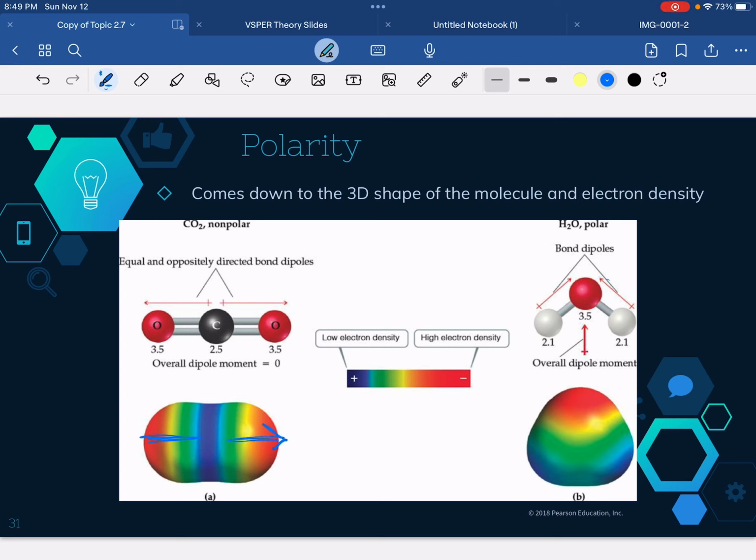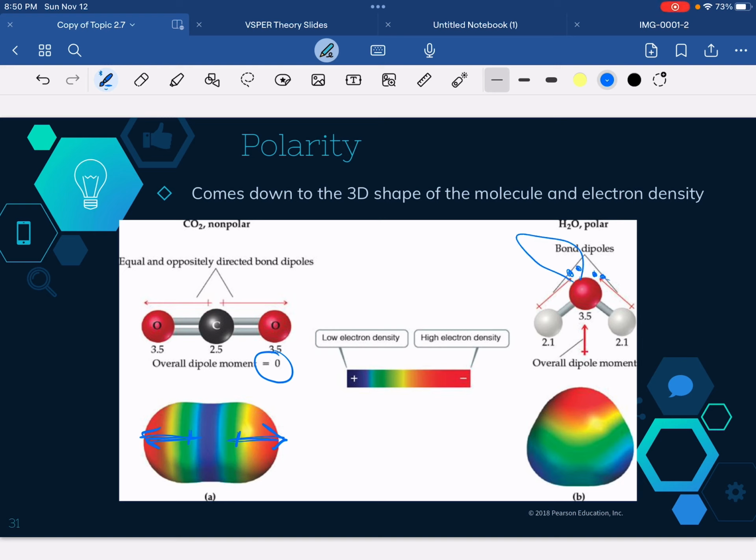It is pointing out towards those oxygens. So we have two polar bonds, but because they are opposite each other, they cancel and the overall molecule is nonpolar.